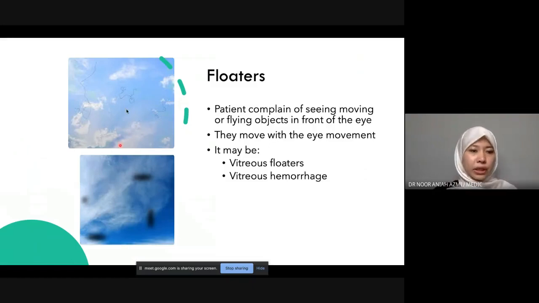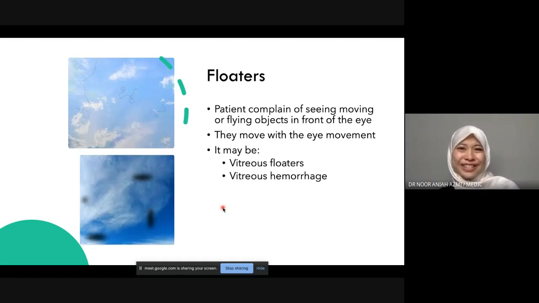Okay. So if you look carefully at this picture, you can see that they have like strands of hair. Sometimes the patches can be bigger. Okay. So if patients complain of floaters, or even if you have family members who call you, I'm sure your family knows that you are a medical student, you'll be getting calls like, oh, you have to help me.